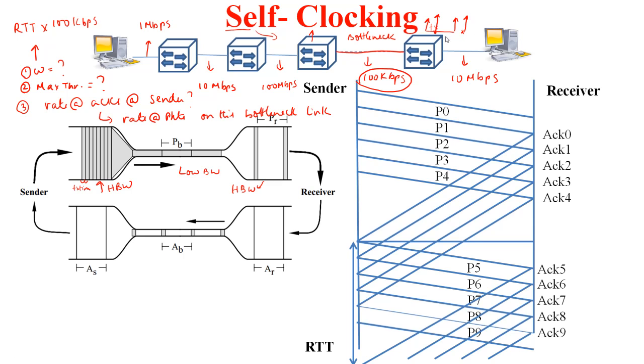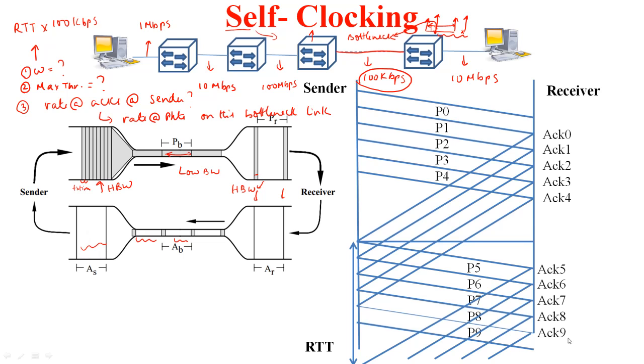And this spacing between them is the same as this spacing, which is in turn dictated by the bottleneck bandwidth. So that is what is shown in here. Now again here, these are going to occupy less transmit time, but the spacing between them is being dictated by this particular spacing. Now for every received packet, if you are sending acknowledgements, these acknowledgements also are going to preserve the spacing, and that is the spacing at which the sender receives the acknowledgement.